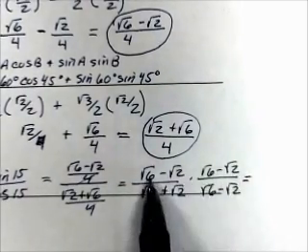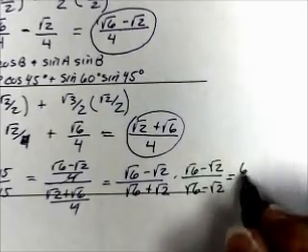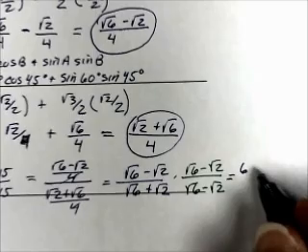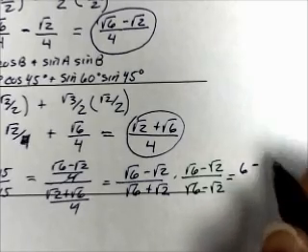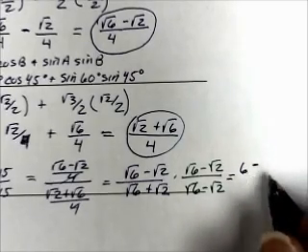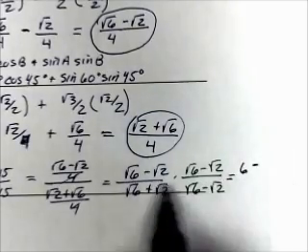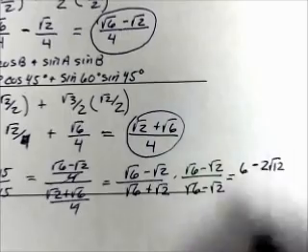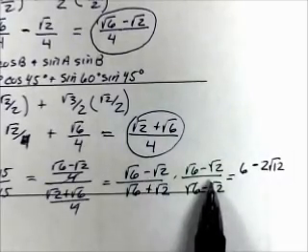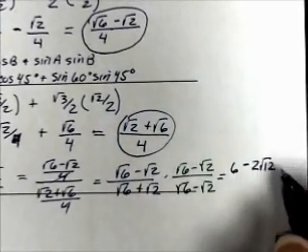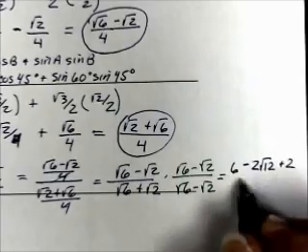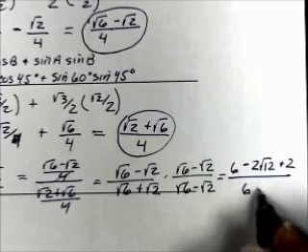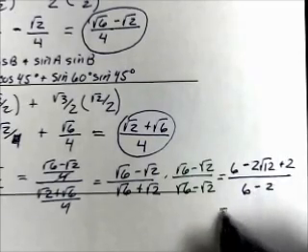Okay, now foiling here. Square root of 6 times square root of 6 is 6. The outside would be negative square root of 12. And the inside would also be a negative square root of 12. So that'd be negative 2 square root of 12. And negative square root of 2 times negative square root of 2 is positive 2, all over, and since these are conjugates, that would simply be 6 minus 2.